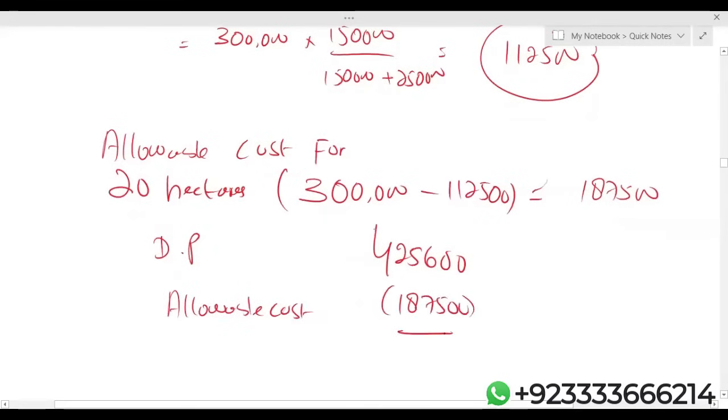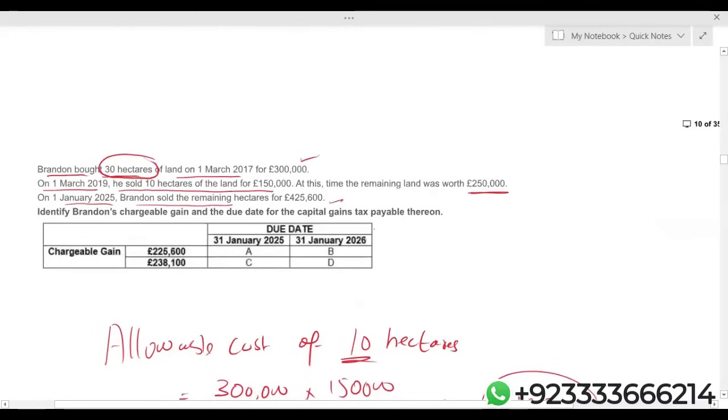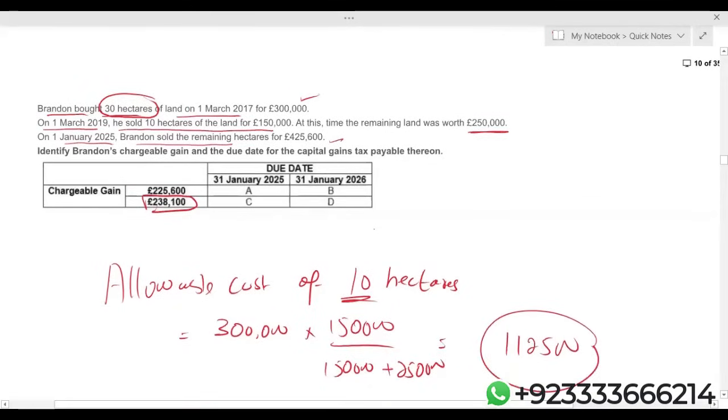So here comes the chargeable gain. 2,38,100. Obviously, the chargeable gain is 2,38,100. Due date. Now this is important.